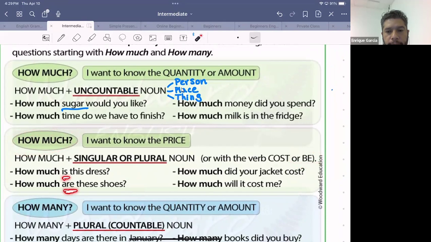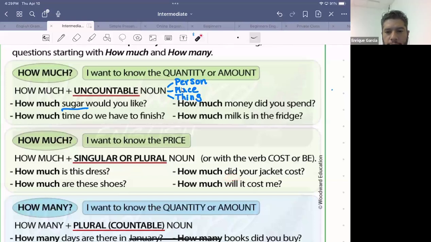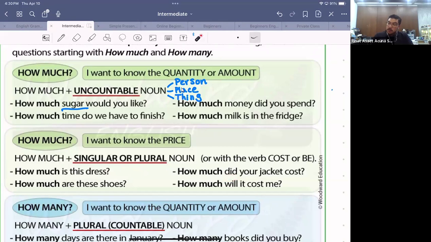Now, what happens here? It's a cost. With the verb cost, we have to use these types of nouns. So for example, we have this, read it for me, please. How much did your jacket cost? Okay, excellent. Notice the structure.